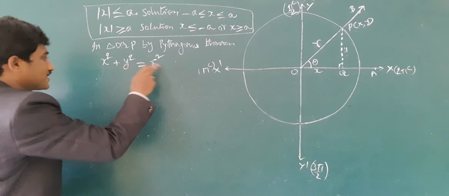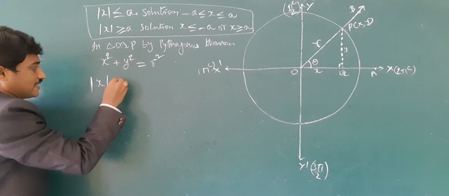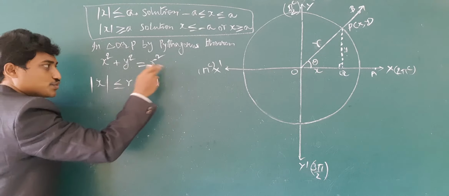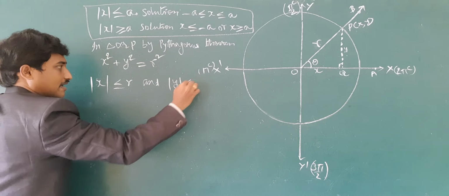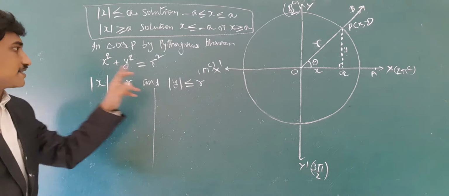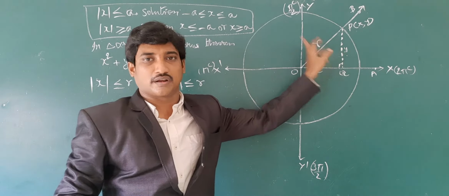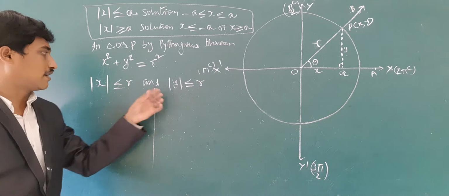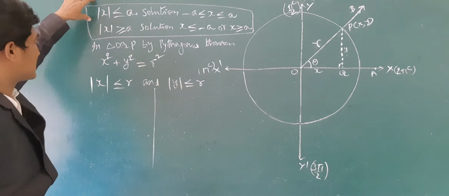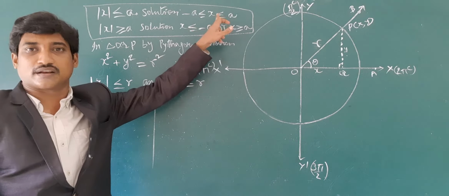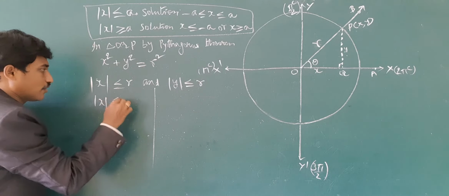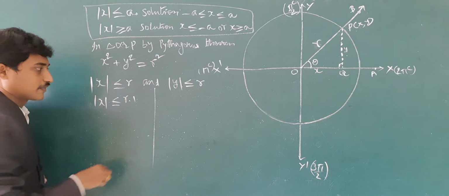We can write modulus x less than or equal to r and modulus y less than or equal to r. X is smaller than r, y also smaller than r. Modulus x less than or equal to r, I am writing as r into 1.